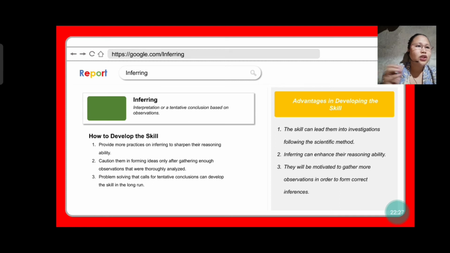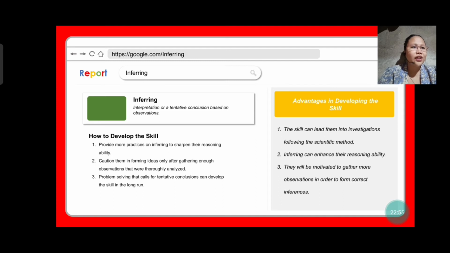Kung mag-conclude sila nga, for example, based on their observation nga, not all leaves are colored green. So that investigation can lead to following the scientific method, kung ilahang i-prove nga tinuod jud nga ang mga dahon kay dili tanan colored green.